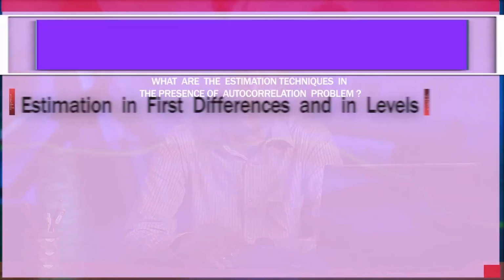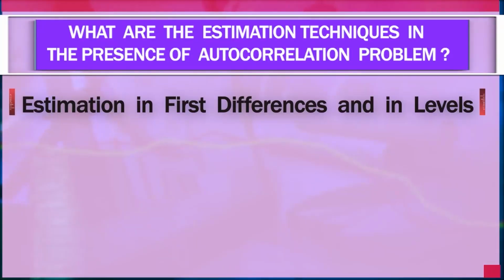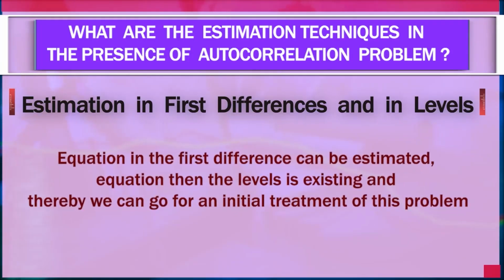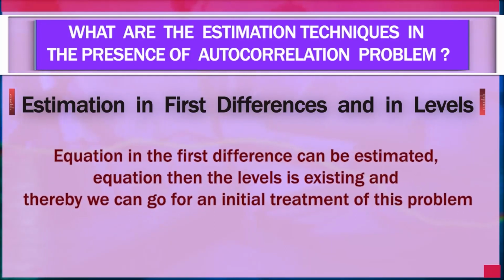One easier way to diagnose the problem is to take the first difference. That means we subtract yt minus 1 from yt, and we get an equation in the first difference. So the equation in the first difference can be estimated, the equation in levels exists, and thereby we can go for an initial treatment of this problem.